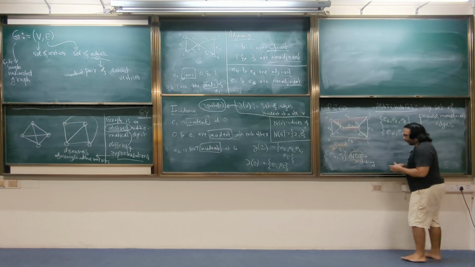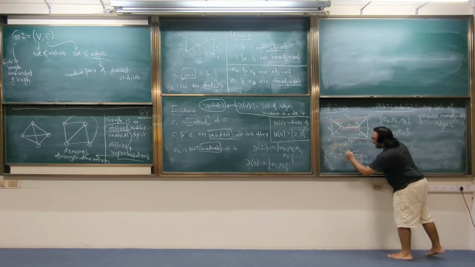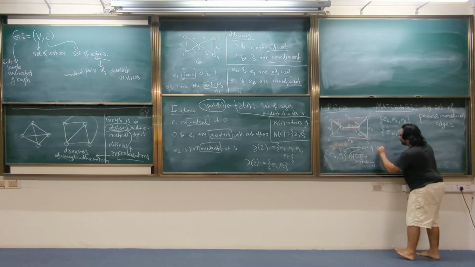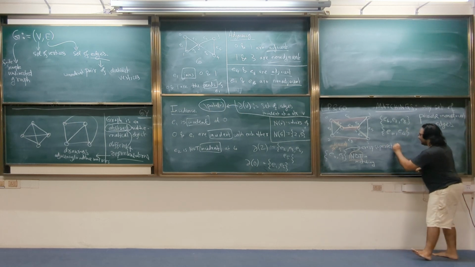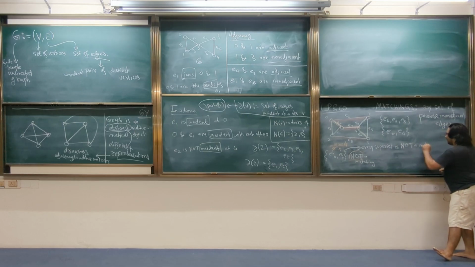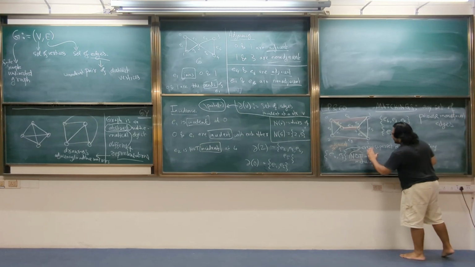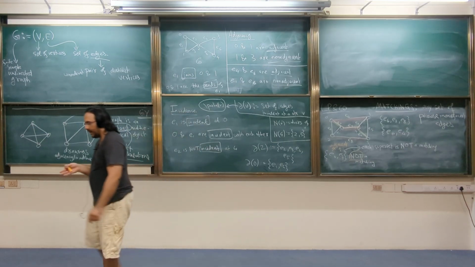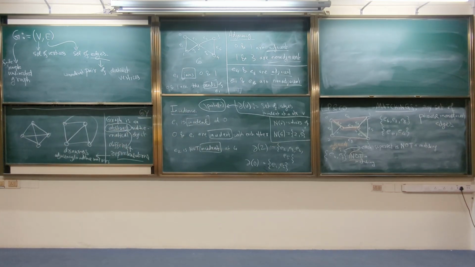So not only is this not a matching, every superset of this, including itself, is not a matching. Each superset of this set is not a matching. And of course, the set is a superset of itself, because mathematicians are silly, they like silly things.